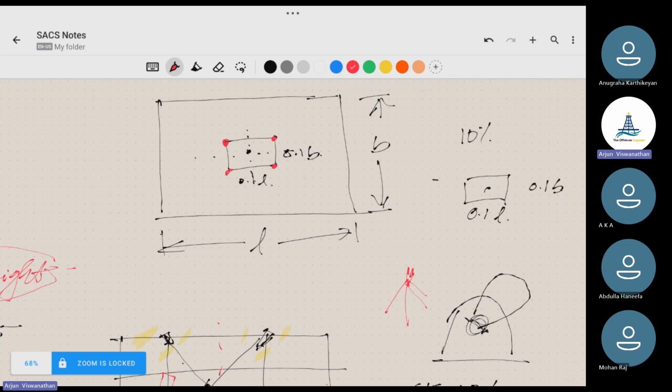Did you understand what I intended with this envelope? Yeah, the COG can come anywhere in that boundary, so it's still acceptable. Yeah.